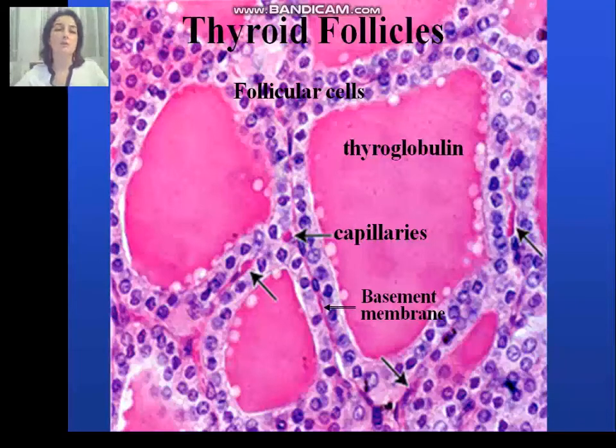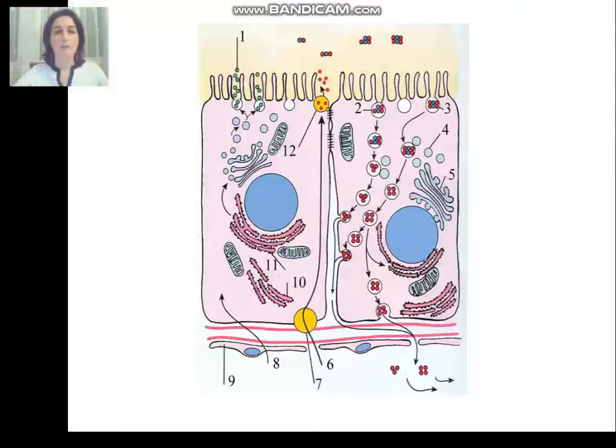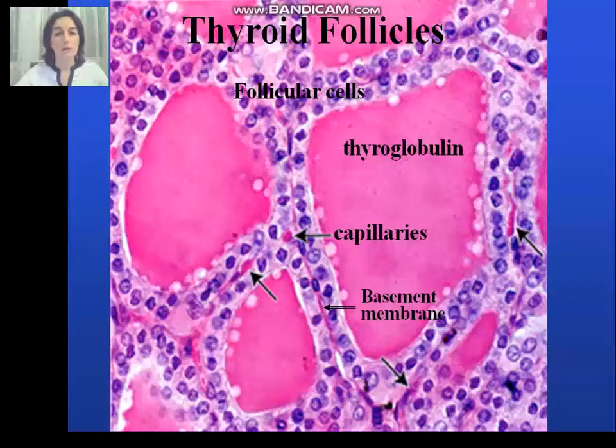It's related to its function because thyroid gland produces iodine containing hormones, and the hormones need the iodine. Iodine is taken from the blood circulation. So inside of the colloid we have thyroglobulin, and now we are coming to the function of the thyroid gland.